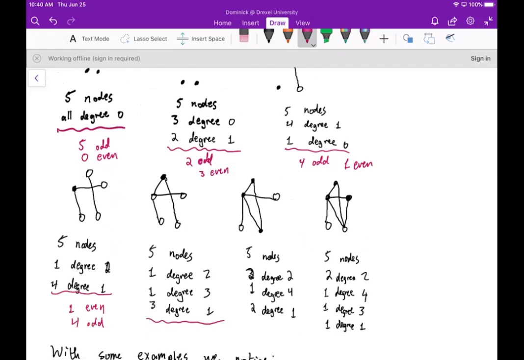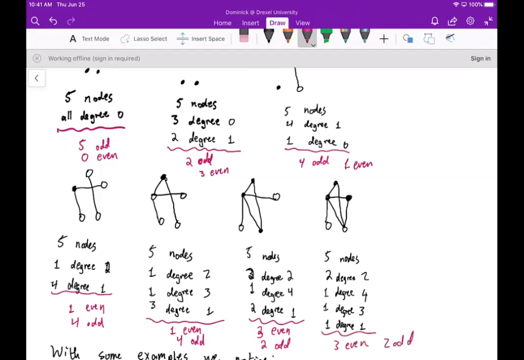For adding another edge, it looks like we're going to have 1 even, 4 odd again. Here we're going to have 3 even and 2 odd. And here it looks like we have 3 even, 2 odd.